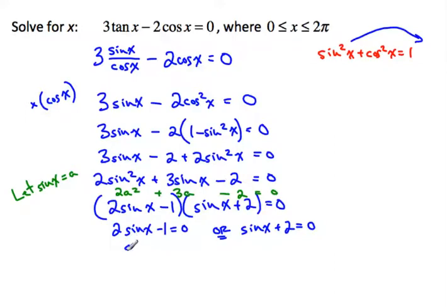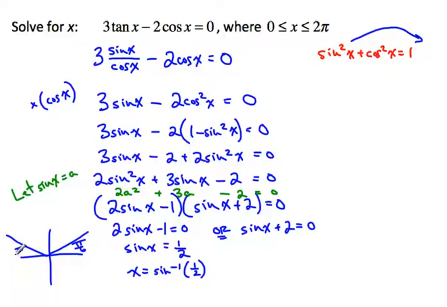Solving each of these in turn, we get sine x is equal to a half, or x is equal to sine inverse of a half. Solving this one, we would get the related acute angle that has a sine ratio of a half is pi over 6. And to have a positive sine ratio, we've got to be in the top half of the Cartesian plane, either in quadrant 1 or in quadrant 2.